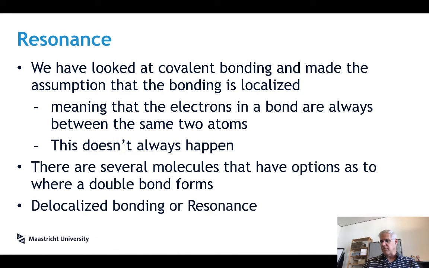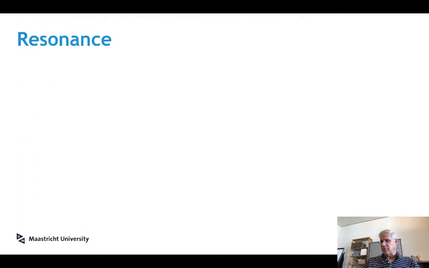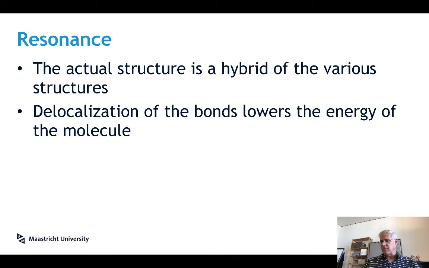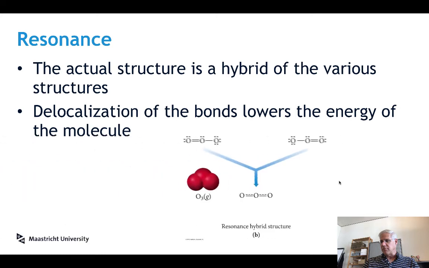When that happens, you get something called delocalized bonding, or resonance is another way of saying that. So the actual structure that you get is a hybrid of the various structures. Rather than just choosing one place to put a double bond over another, the double bond can go in both places kind of at once by splitting in half. That's kind of what delocalization is. It lowers the energy of the molecule.